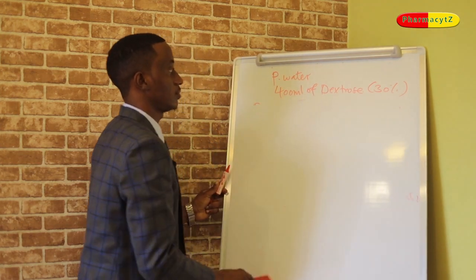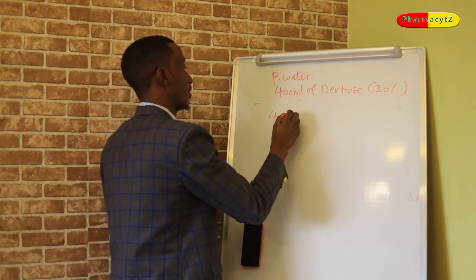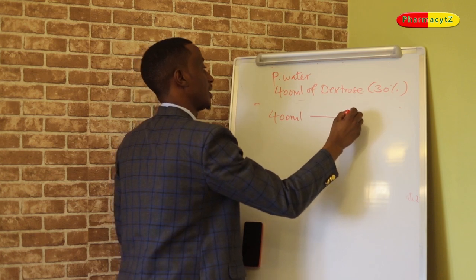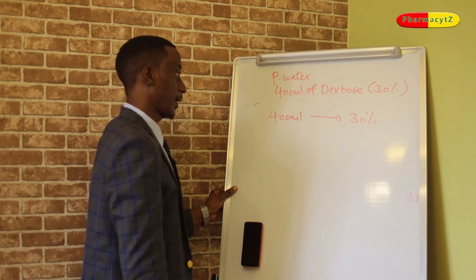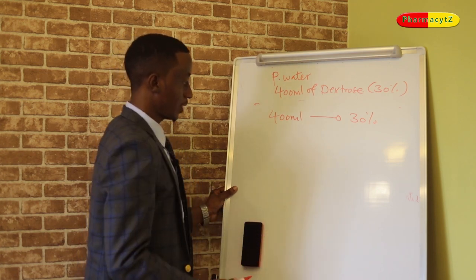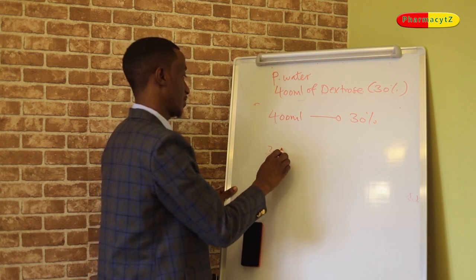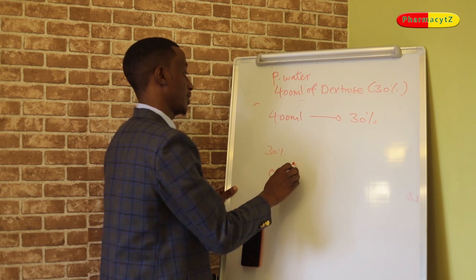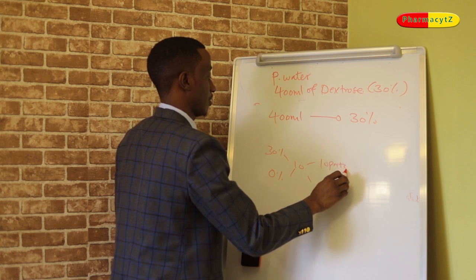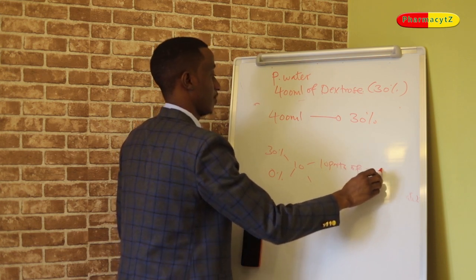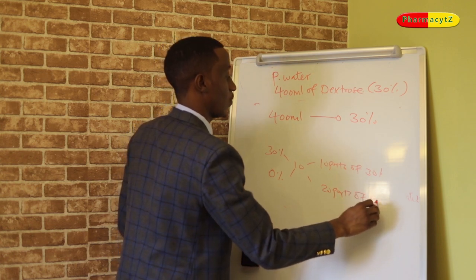So what we did before, we had dextrose, which was 30%, and we had 0%. Then the required was 10. Upon alligating, we had 10 parts of 30%, and 20 parts of pure water.